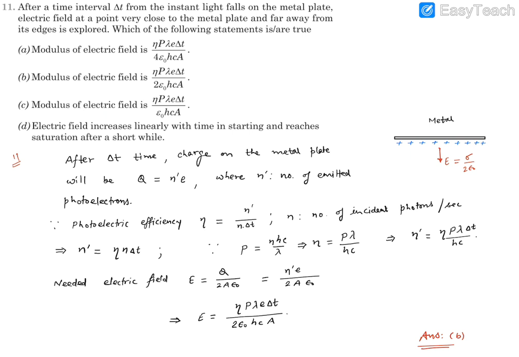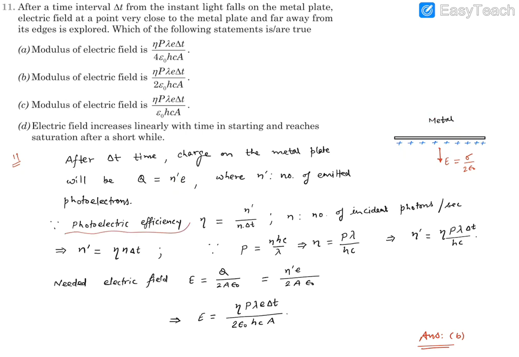For that we need to find the charge. After delta t, the charge on the metallic plate can be calculated using Q equal to N dash e, where N dash is the total number of emitted photoelectrons. We write a positive e because this charge is positive.